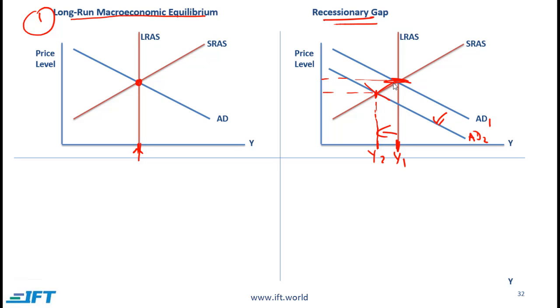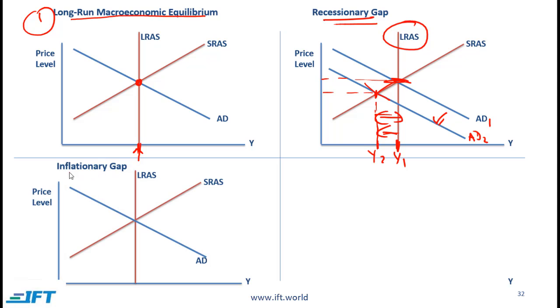So price going down is a good thing, but output coming down is not good because unemployment has gone up, or we can say that we are below the natural level of output, which is a negative. And this gap, or this difference, is called a recessionary gap because we are below the potential level of output, which is given by the long-run aggregate supply curve.